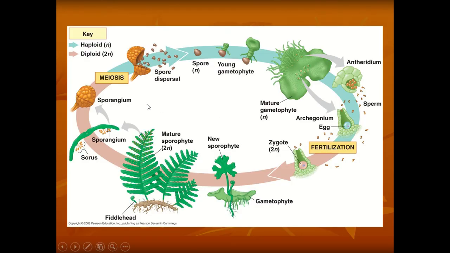So as you can see here, the sperm that have flagella will swim to the egg, fertilize, producing a zygote, and producing a mature sporophyte. They will produce sporangia inside the sori, and the sporangium will grow independently without depending on the gametophytes, and then they will disperse the spores, which will develop into young gametophytes.